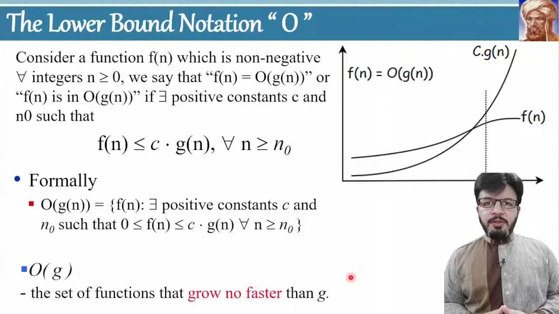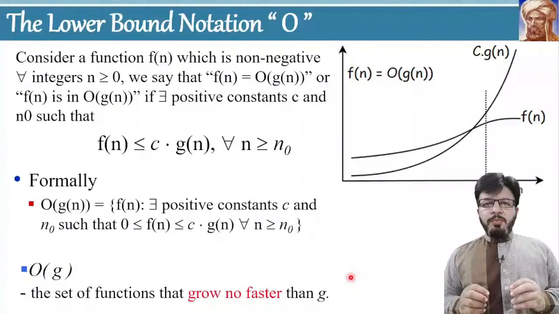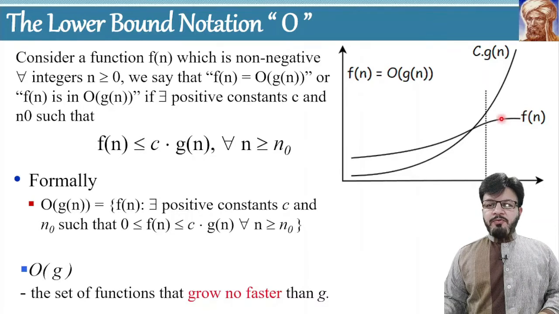Therefore we can say the meaning of big O of g is the set of all functions that grow no faster than g, like this function. So the growth of this function is not greater than the growth of this function. Therefore we can say f of n is equal to big O of g of n, like over here.